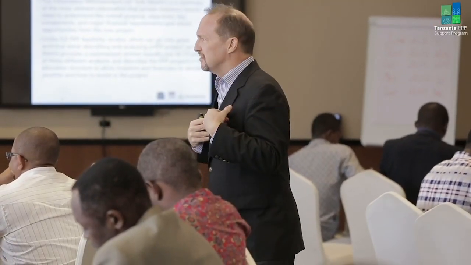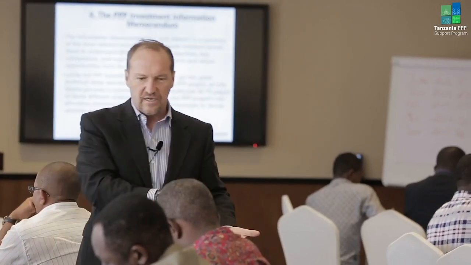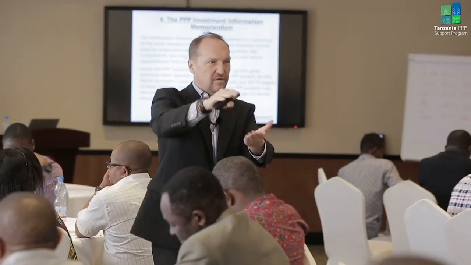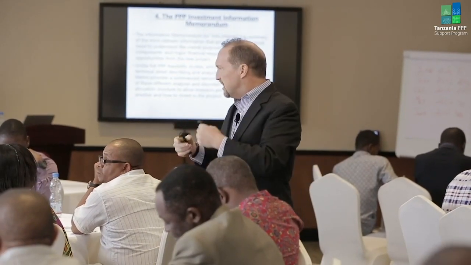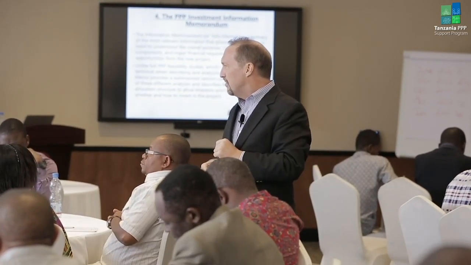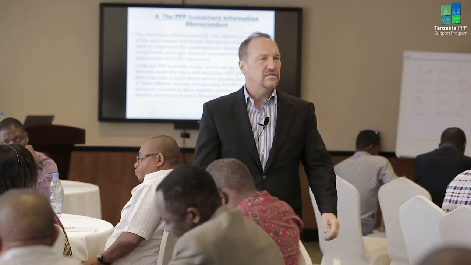How long? What is the term of the contract? What are you asking us to do? How do you give them that information? Do you basically say, well, here's the feasibility study, and here's the financial model? How do you tell bidders in a summary form about your project?